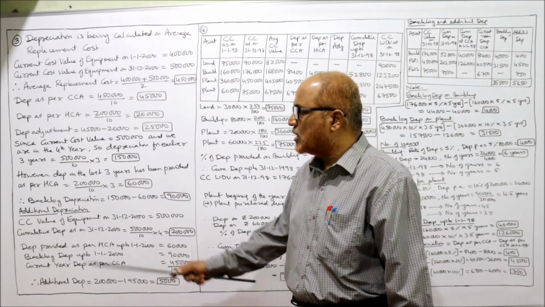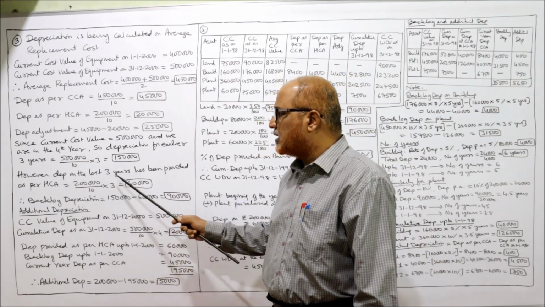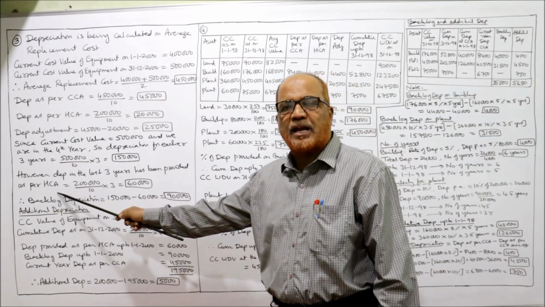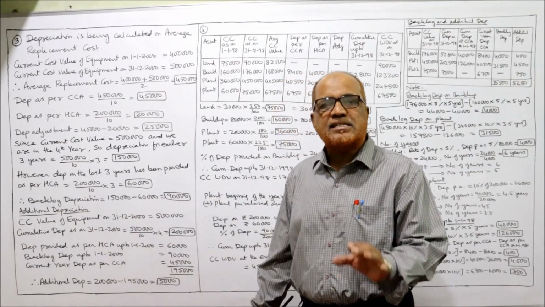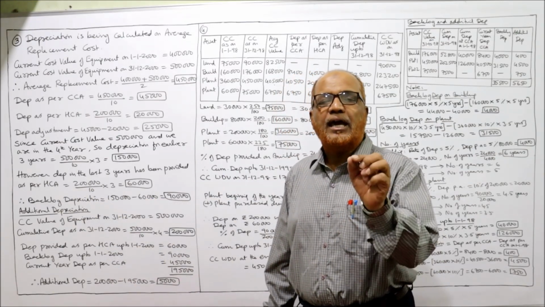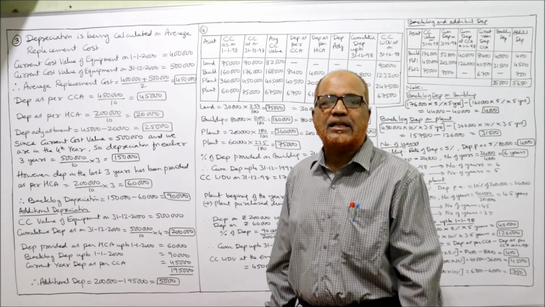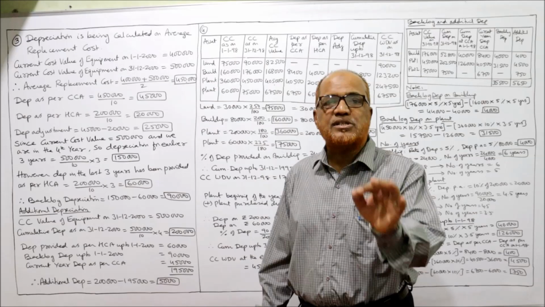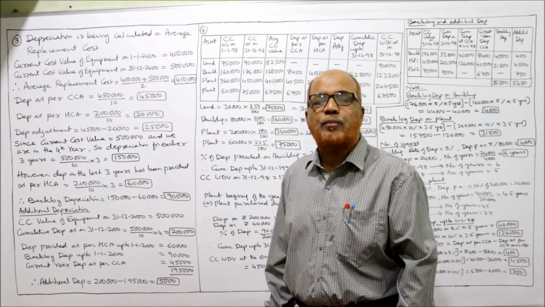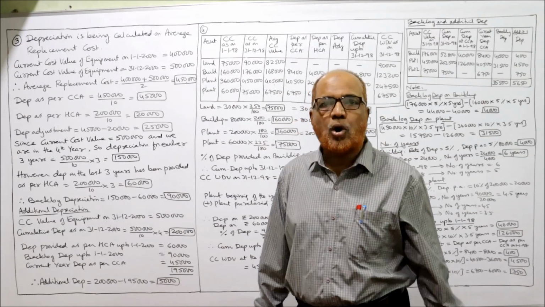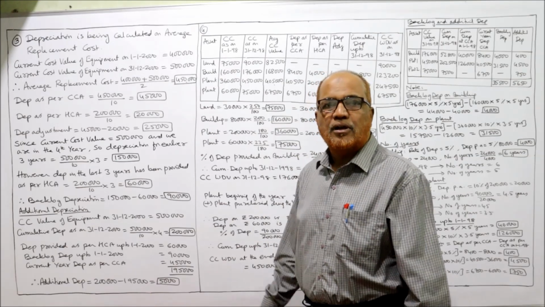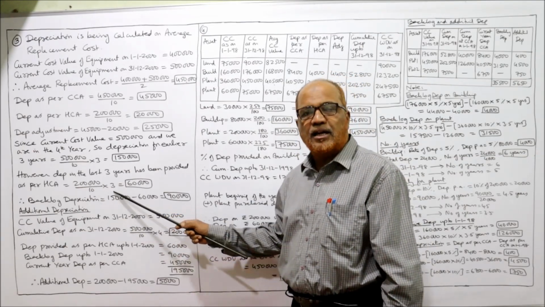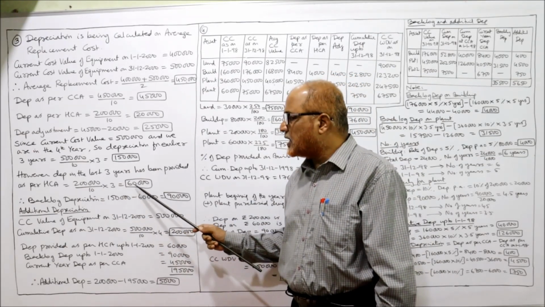However, depreciation in the last 3 years has been provided as per HCA, historical cost accounting, every year 20,000. 20, 20, 20. 60,000 rupees depreciation we have already provided in the 3 years on the HCA method. So 2 lakh divided by 10 into 3, 60,000.